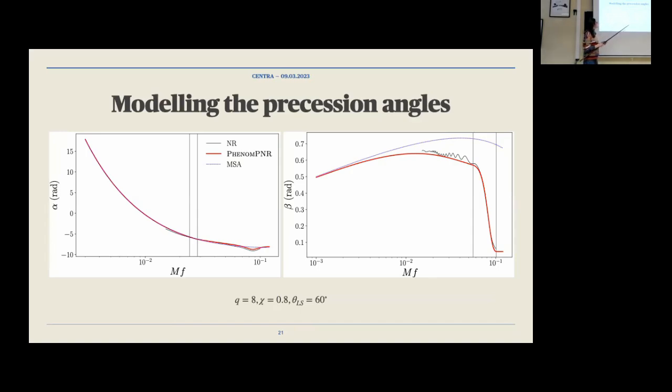You can see here that for one of the angles, the post-Newtonian expression agrees pretty well with the numerical data, all until you get to the merger, at which point there is a dip, which the post-Newtonian expression is not predicting.